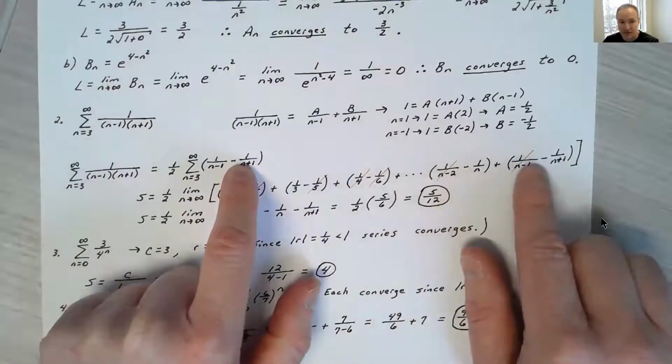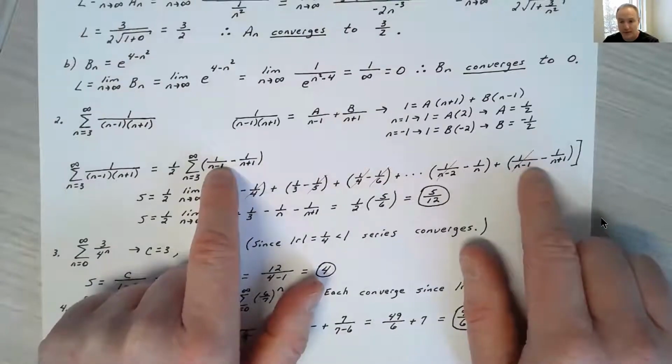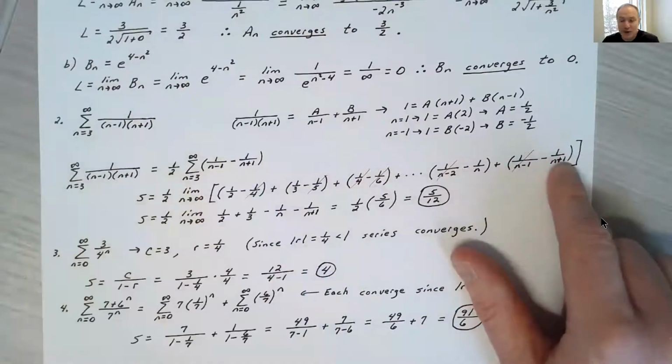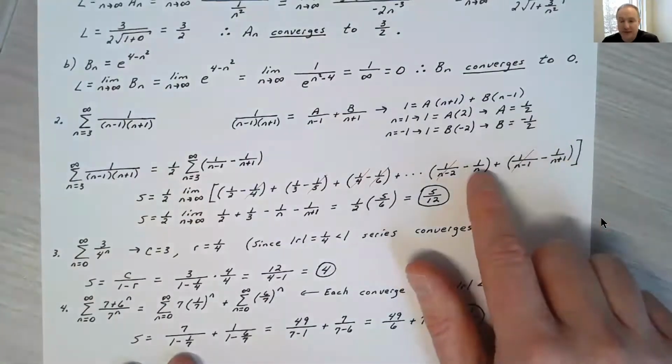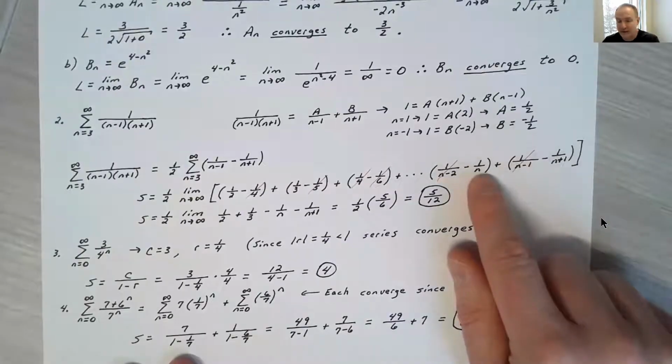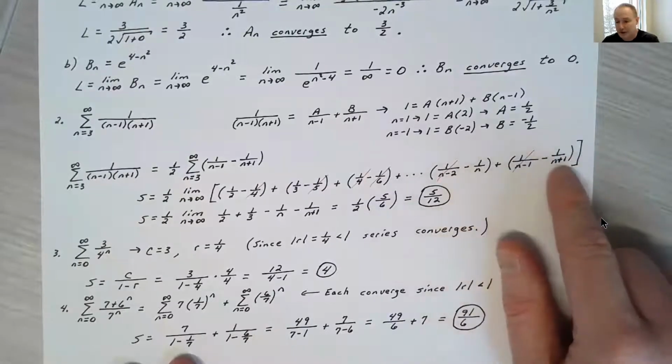And then your last term, the nth term, which is just your 1 over n minus 1 minus 1 over n plus 1. I know that there's never going to be a positive term that's going to cancel out the minus 1 over n. Notice the greatest the positive term can get in the denominator is 1 over n minus 1. Can't cancel out that minus 1 over n. Also, nothing's going to cancel out the minus 1 over n plus 1.